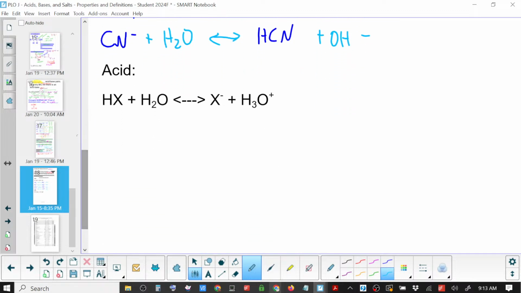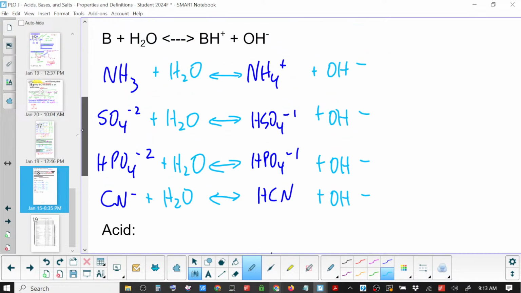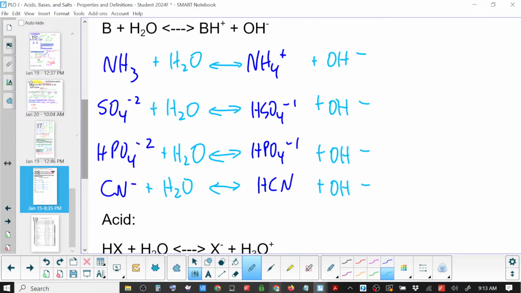Okay. Now let's do some acids. If you go back up to HPO4, isn't that more acidic than water? So wouldn't that be the acid? I stated this is for examples of bases, so I just want you to practice writing it as bases. Can it react as a base? Yes. You'd have to compare the Ka and the Kb.